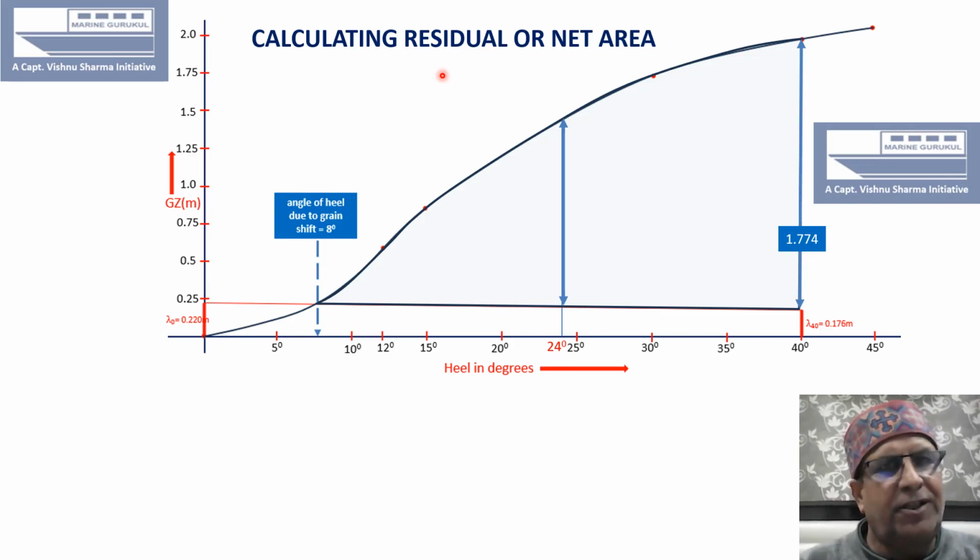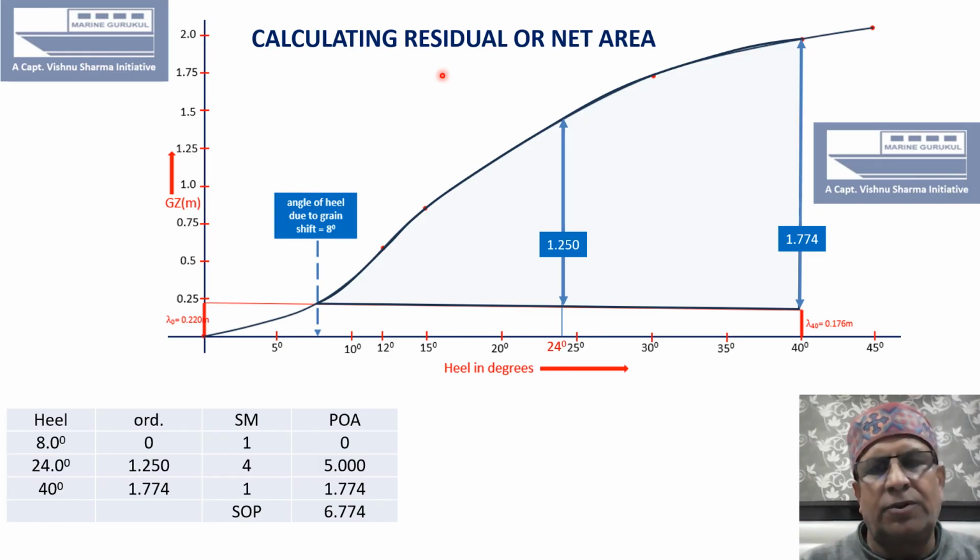They can be measured again using the same divider which has already been explained. And we get these values. The value at 40 degrees can also be obtained by subtracting lambda 40 from the GZ at 40 degrees. So instead of measuring it, if you have 40 degrees, you can exactly get the value.